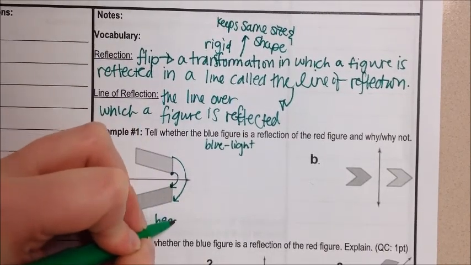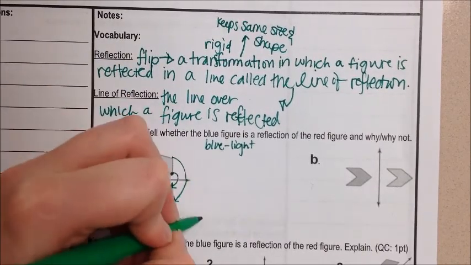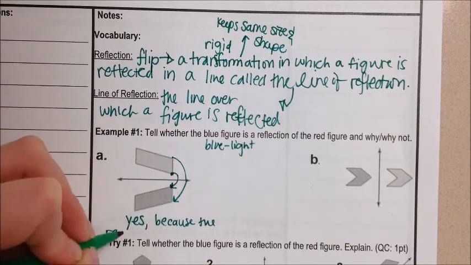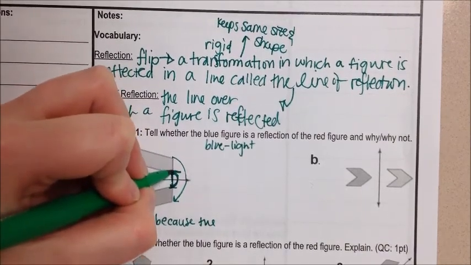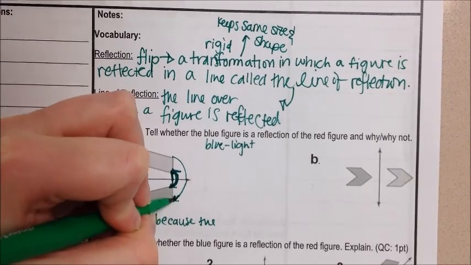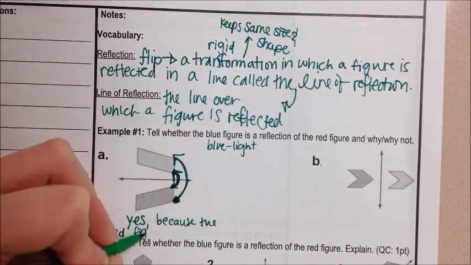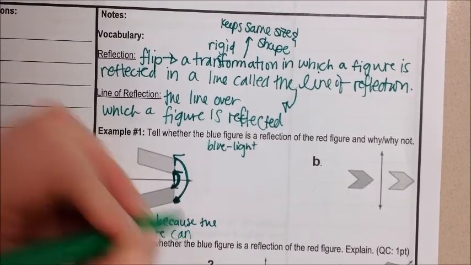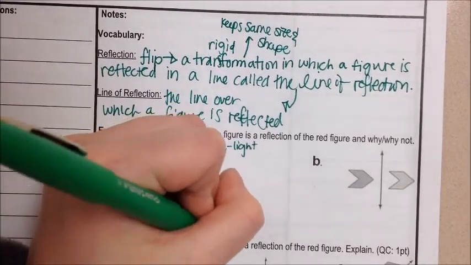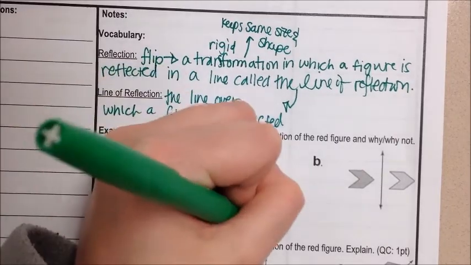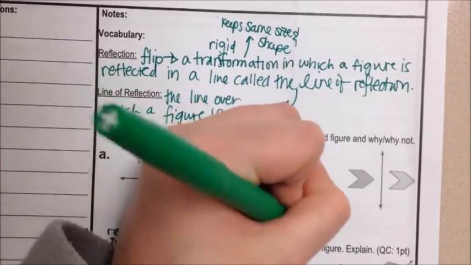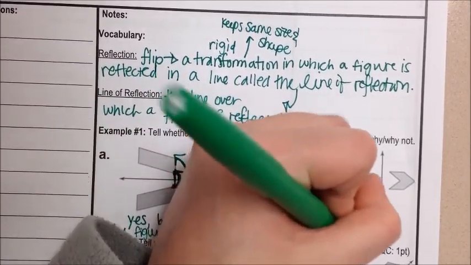because the red figure, and really we went this way because we went from the red to the blue, can be flipped to form the blue figure.